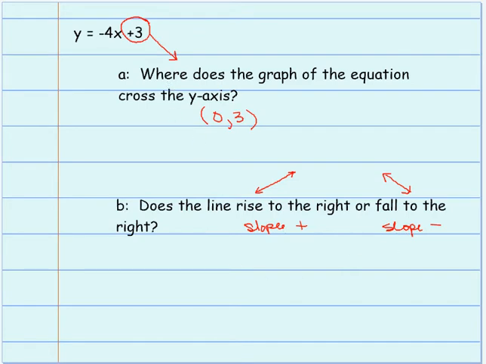And so we're going to look right here at the mx, the number times the x. And since that is negative 4, we are going to have a line that falls to the right. Okay, so we know a lot about the line just by looking at the equation.